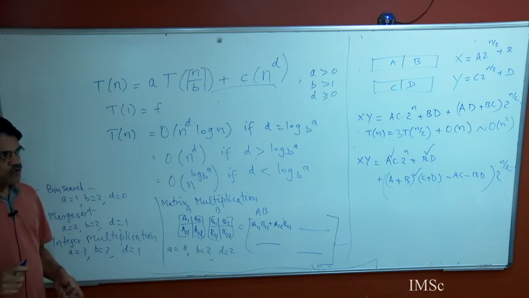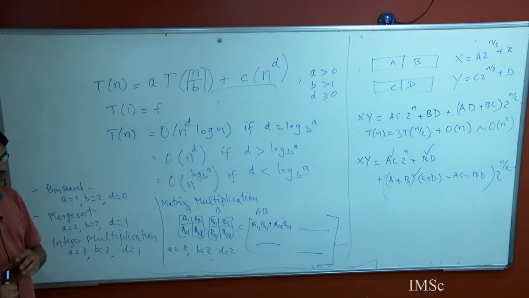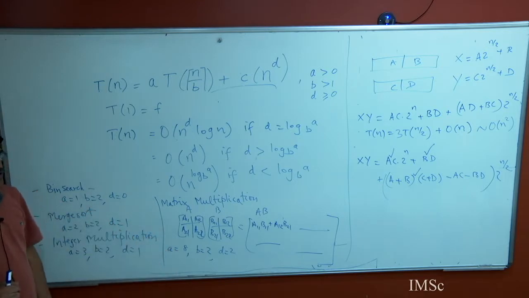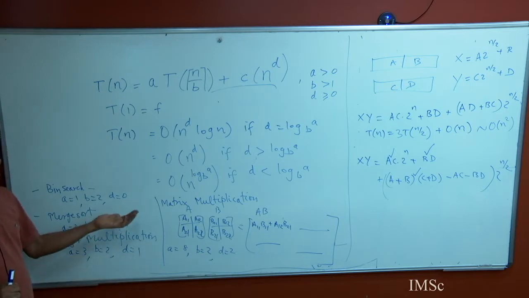And what would be the running time? N cubed, because it's log A to the base B, so that's n cubed, didn't really save from the standard n cubed multiplication.